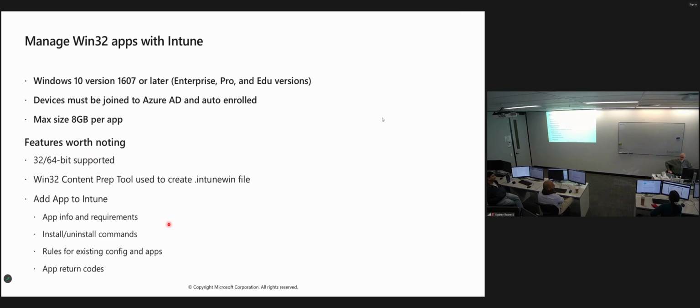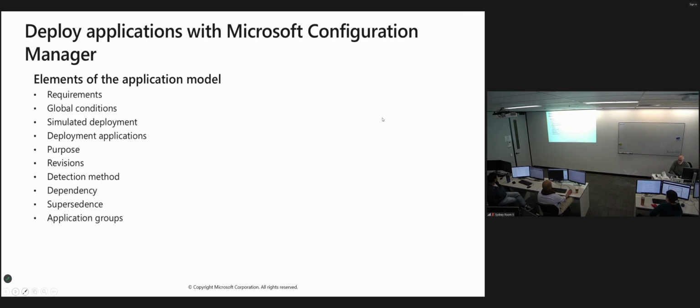Okay, so that's just a little bit about what's supported with Intune. What about Config Manager? Deploying applications through Config Manager. Config Manager can do lots and lots of stuff. Here we're just focusing on the application deployment side of Config Manager. While we talk about an application or app, and it's a well-used computing term, from the perspective of Config Manager, it means something quite specific.